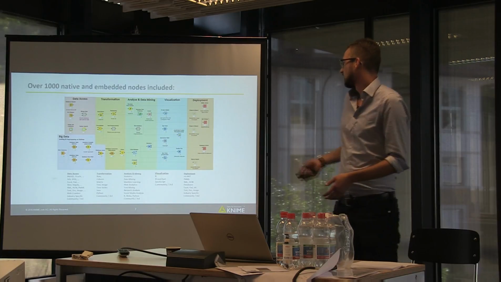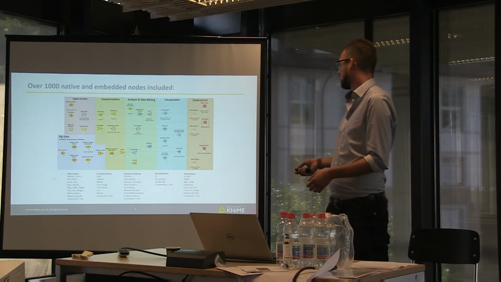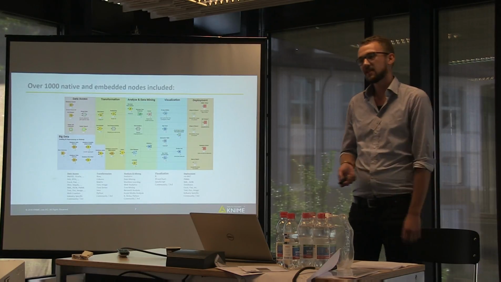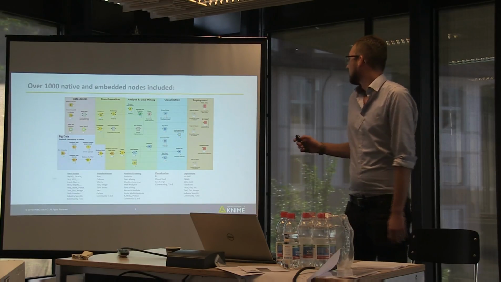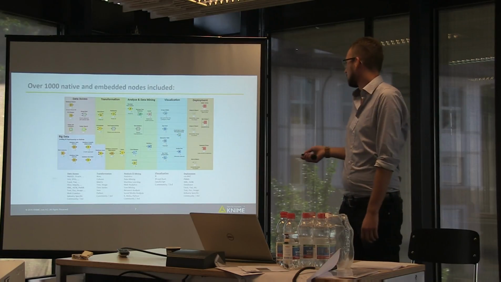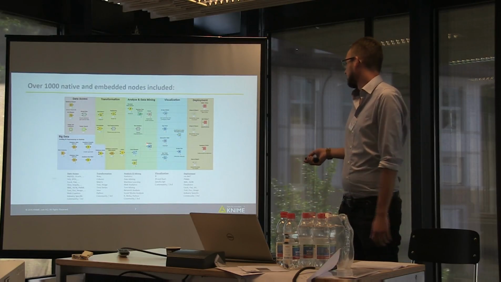Then we can also connect to big data frameworks like Hive, Spark or Hadoop. Then we have some nodes for transformation, so doing some pre-processing of your data tables or some data cleaning. Then we have nodes for data mining and analysis, so for example, we can train models to create predictions or calculate some statistics.